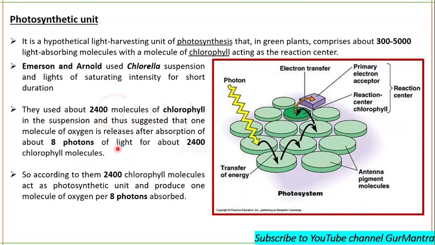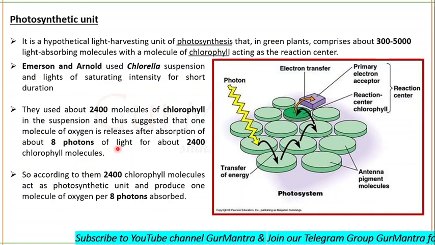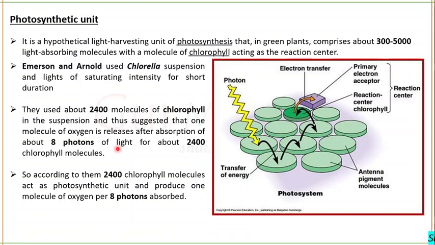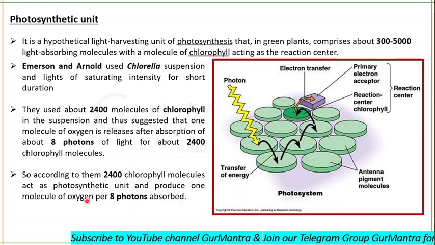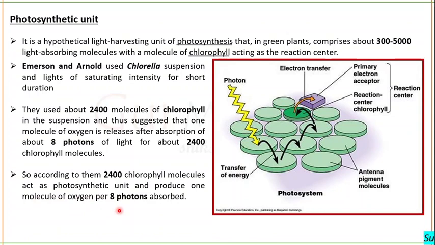So they concluded that for one oxygen molecule to be released, there is a requirement of about 8 photons. According to them, 2400 chlorophyll molecules act as a photosynthetic unit, and they will produce one molecule of oxygen per 8 photons absorbed.